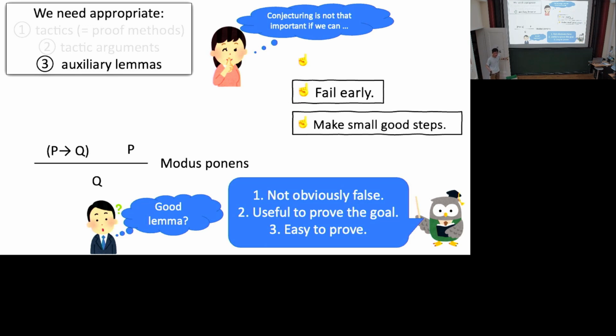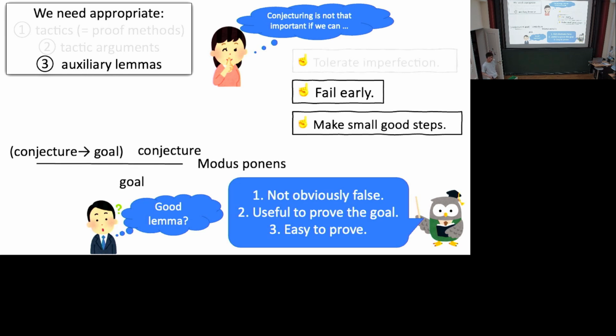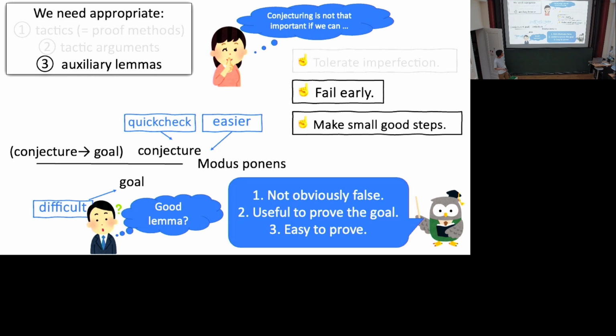Does anybody not know modus ponens? It's okay, right? So my idea is to use modus ponens for conjecturing like this. We want to attack the final goal, and we want to get a conjecture, and the conjecture should imply the goal. The goal might be difficult, so we want to have something easier. We can apply quick check, and we can try to prove it.